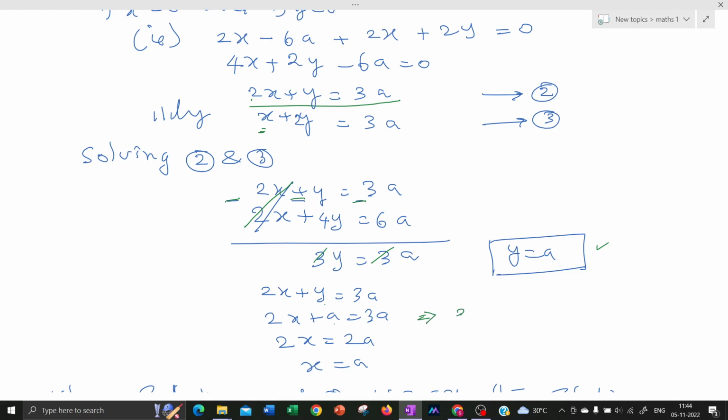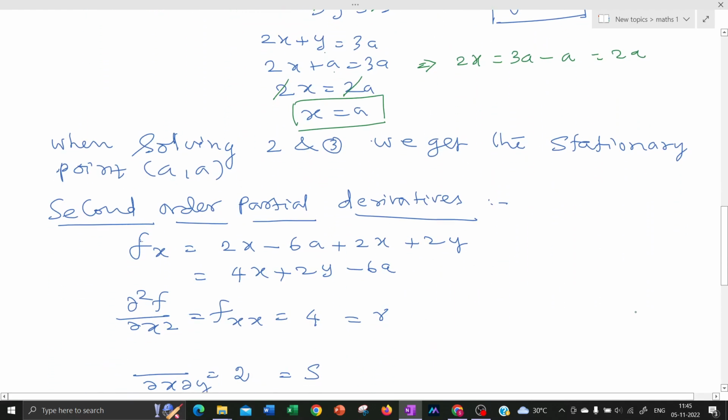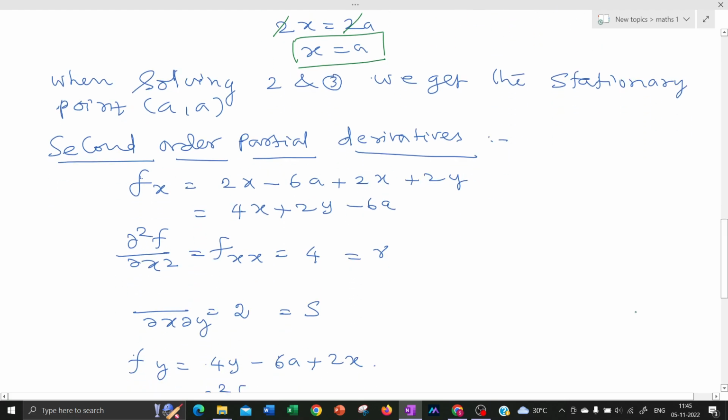That implies 2x equals 3a minus a, which is 2a, so 2x equals 2a. Then 2 gets cancelled and we get x equals a. So solving the first order partial derivatives, we get x equals a, y equals a. Therefore, the stationary point is (a, a).